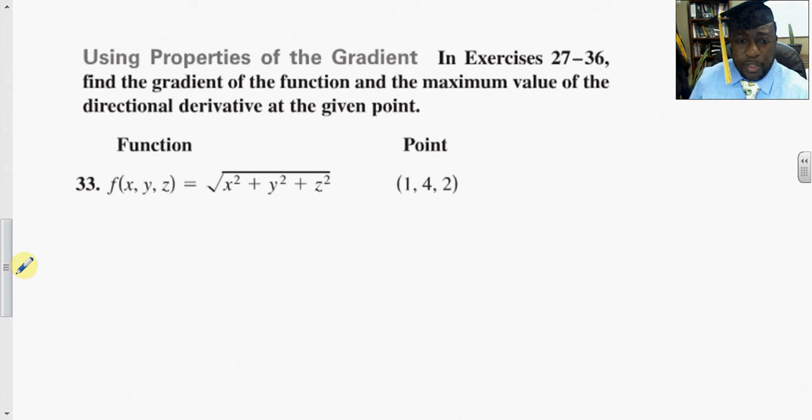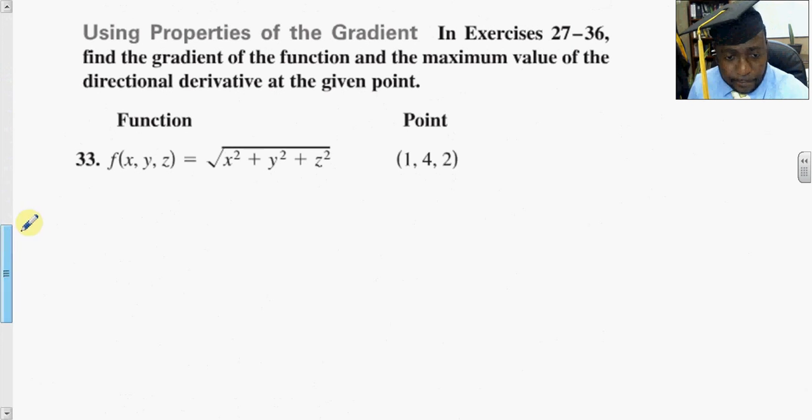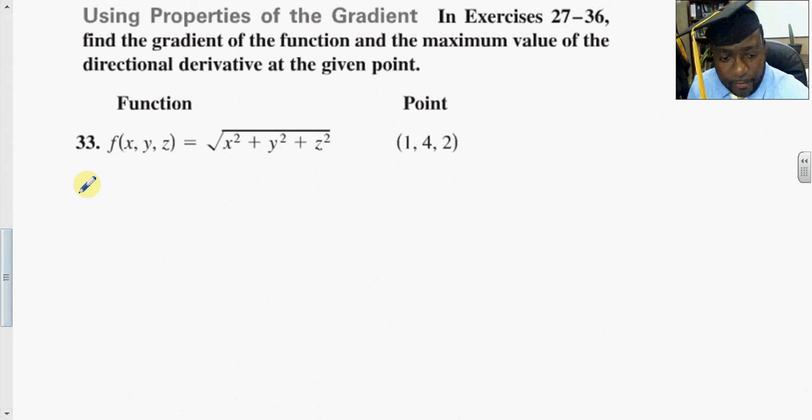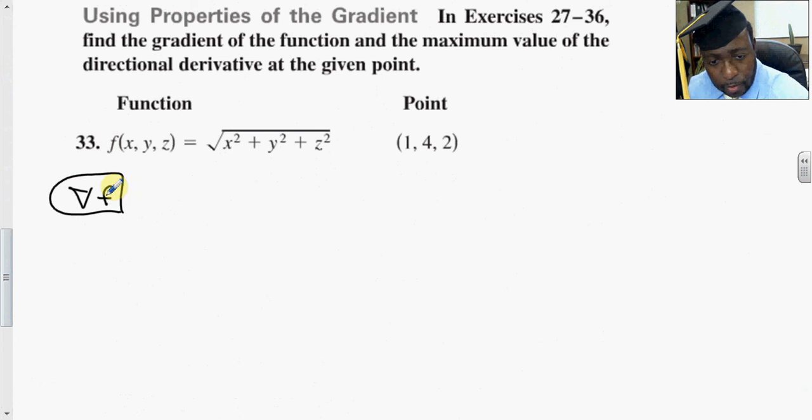What about this one? It says find the gradient of the function and then the maximum value of the directional derivative at the given point. The maximum value of the directional derivative is the norm of the gradient. So here you find the gradient of f. Well, we need to find those partial derivatives.